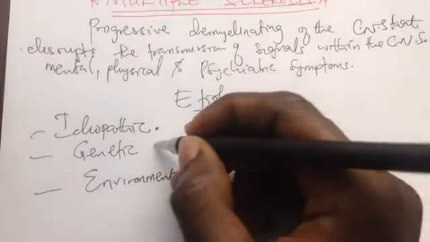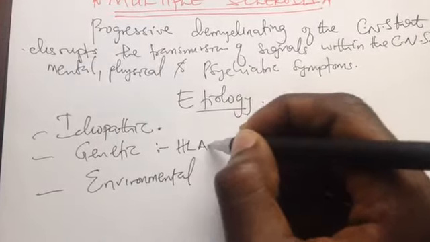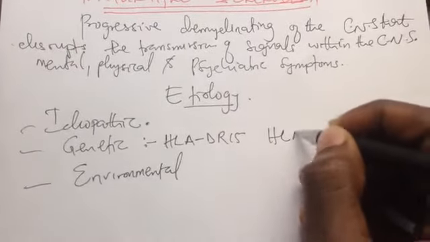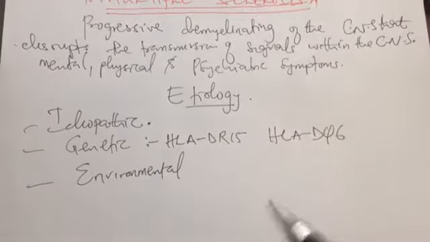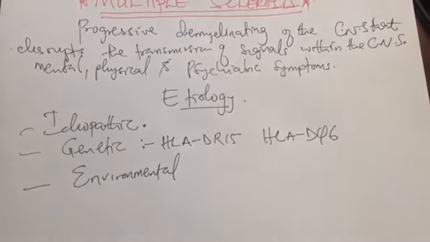The genetic risk is associated with inheritance of some genes in HLA-DR15 and HLA-DQ6. These are the genes that are associated with multiple sclerosis.